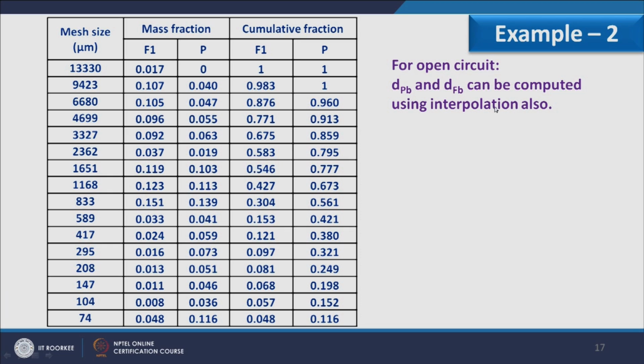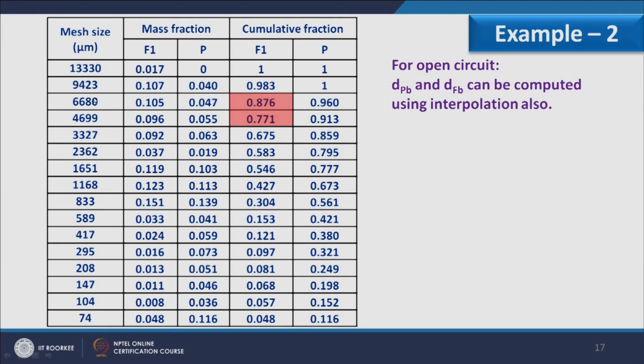Further, we can consider open circuit and we can calculate power consumption using interpolation. Here for open circuit, F1 and P will be considered, and you see where the 80% will lie from this table. We can calculate from interpolation also. How can I use the interpolation over here? Because between 2 points a straight line will lie, so I can definitely use interpolation. So, 80% will lie over here. dF would lie in between these two.